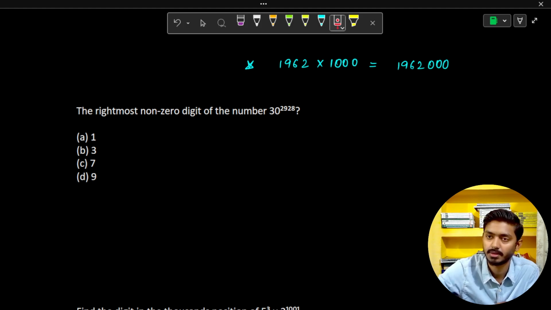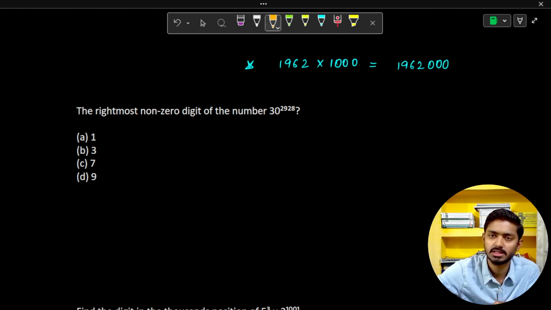Again, if I give you this and ask you what the rightmost non-zero digit is, you'll say this is 0, 0, 0. The first non-zero digit from the right is 2. My question is, did you really need to multiply this? You knew that all the zeros won't be counted. So we should not have taken this in the first place. We just could have taken this number and said 2 is our rightmost non-zero digit.